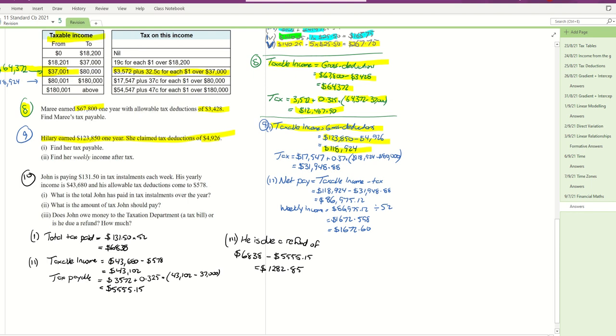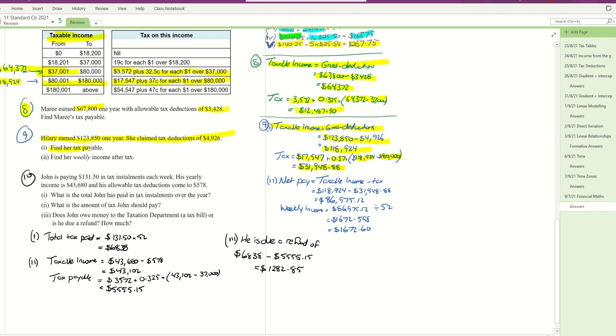Her taxable income is 118,924. Now 118,924 is in the next row down. So we're going to be paying 17,547 plus 37 cents for every $1 over $80,000. 17,547 plus 0.37 times 118,924 minus that $80,000. Put that in brackets in your calculator and there is your answer.